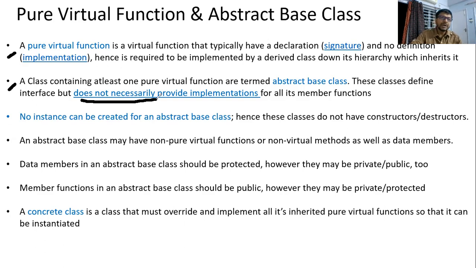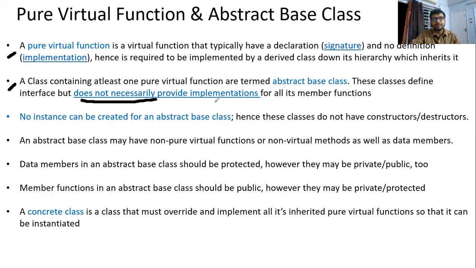So sometimes you write some body in the pure virtual function, we'll see how, but whatever you write is not complete, though you are capable of writing something instead of just the signature. That's why I said does not necessarily provide implementation.